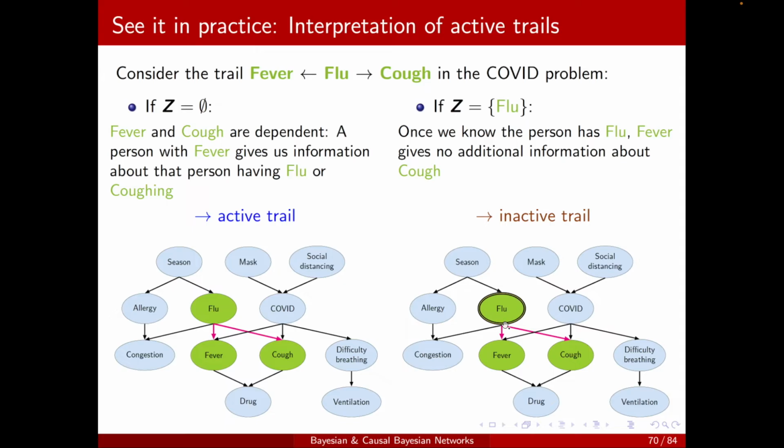Now, however, if I observe flu, then it will be blocked and the trail will become inactive. Because if I know that the person has flu, I know the common cause, then it doesn't matter if I know that the person has fever or not. The probability of having fever will become independent of the probability of coughing.